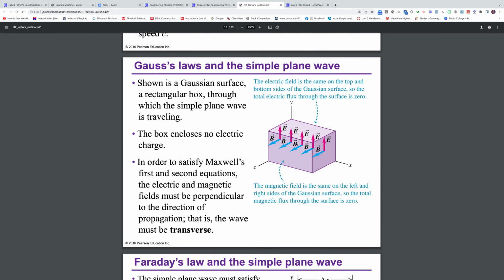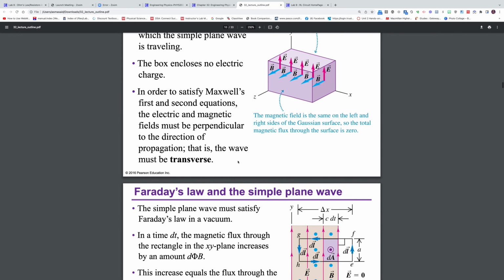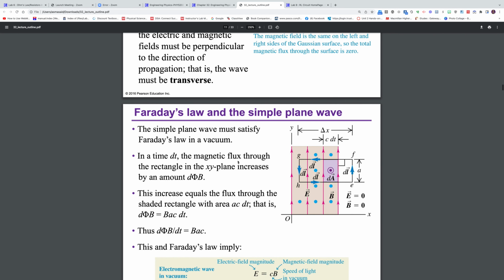Also, we can use Gauss's law and a Gaussian surface to verify that, in order to satisfy Maxwell's first and second equations, the electric and magnetic fields must be perpendicular to each other, which proves that light waves are transverse waves. A transverse wave means that the oscillation is perpendicular to the propagation direction.